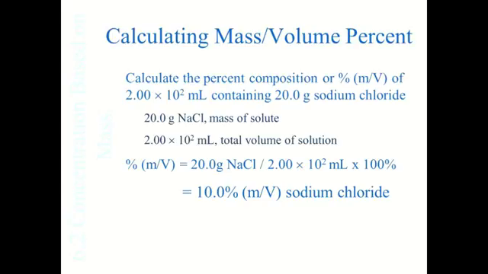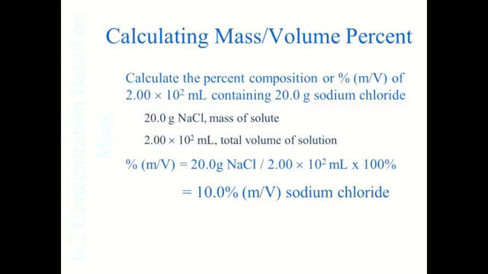So let's look at the first problem, shall we? Calculate the percent composition, which means percent mass over volume, of 2.00 times 10 to the 2 milliliters containing 20 grams of sodium chloride. So let's use the formula. What's given? Mass of the solute, is it given?